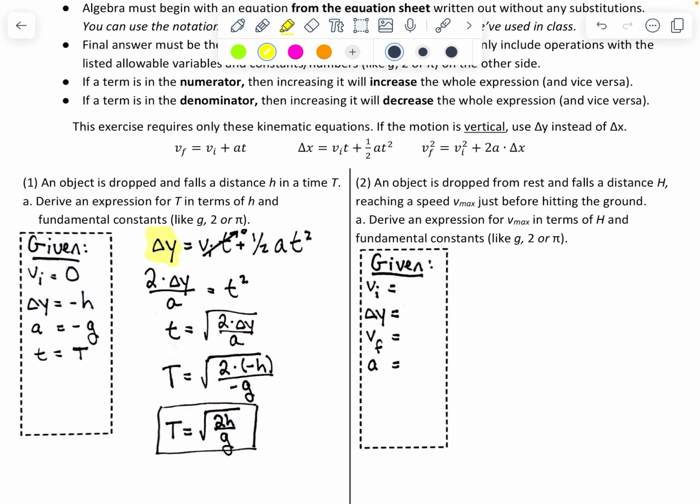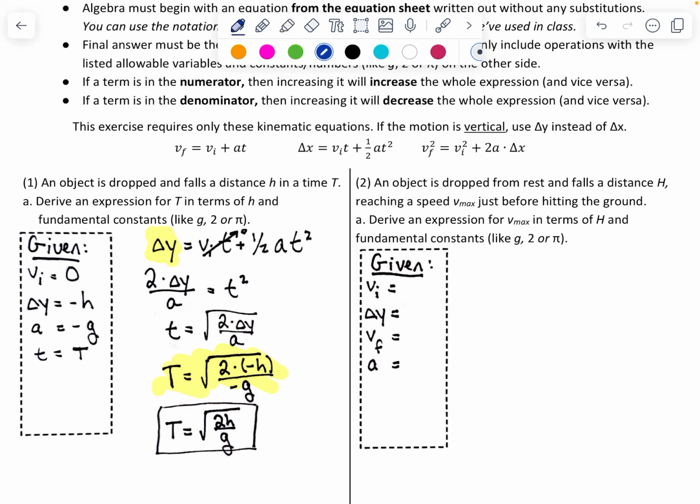So you'll see that I isolated lowercase t in terms of the variables in the original equation, and then in this step, replaced the variables with the values given in the problem. And so my final answer has only h, the number 2, and the number g in it, and so this box has completed the task.